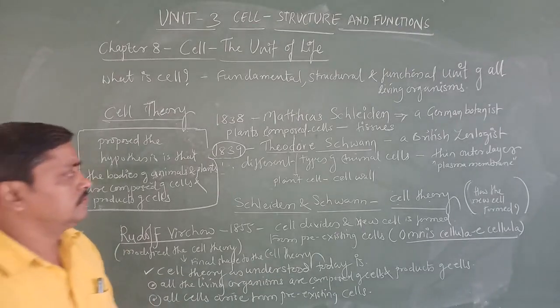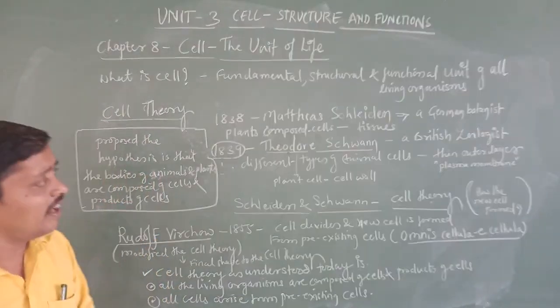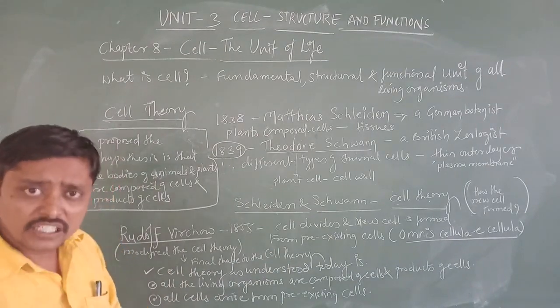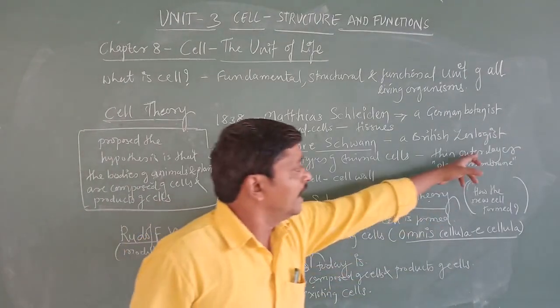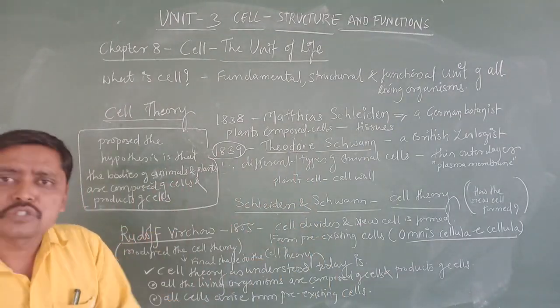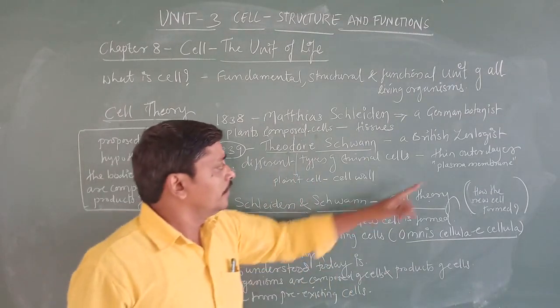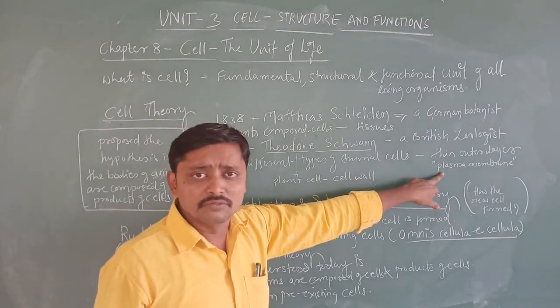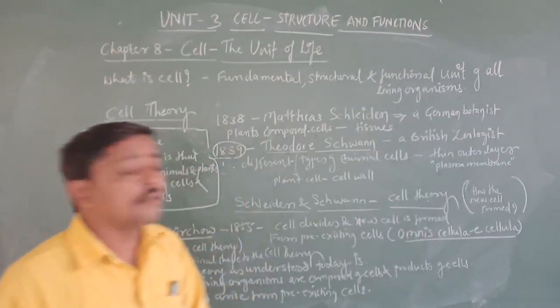And he found in animal cells the outermost thin layer, and he named it the outermost thin layer only. And today we know that outermost thin layer as the plasma membrane.